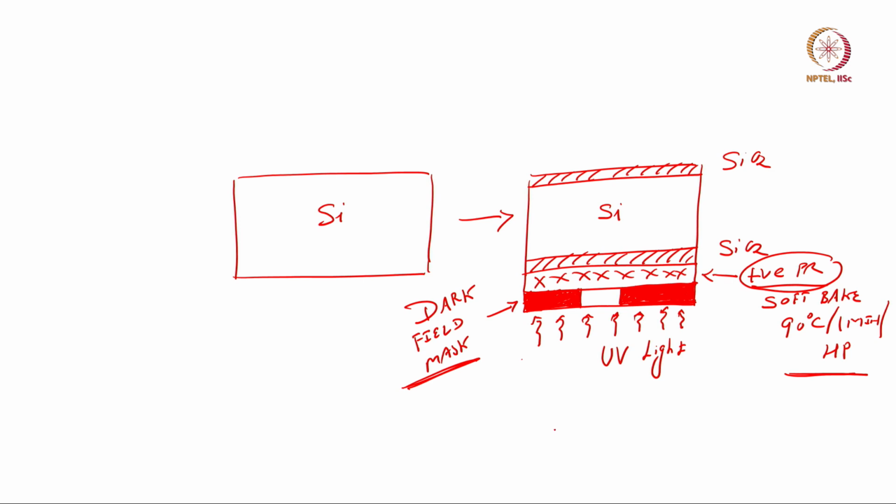So, after this, what is the next step? You develop it. So, if I develop this wafer, develop what? Develop the photoresist. When you develop the photoresist, what will happen?